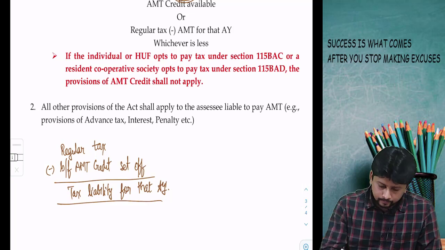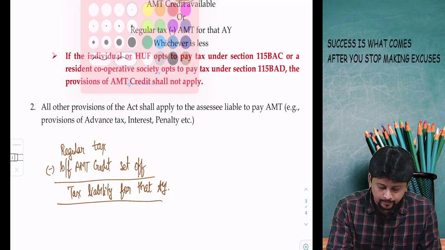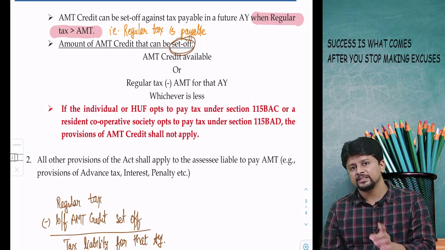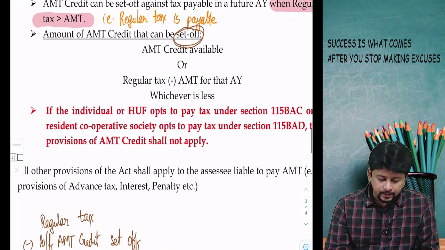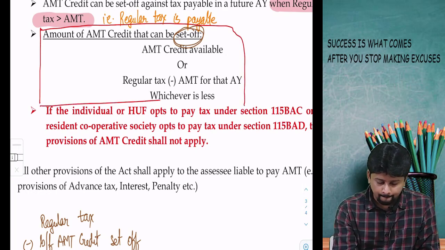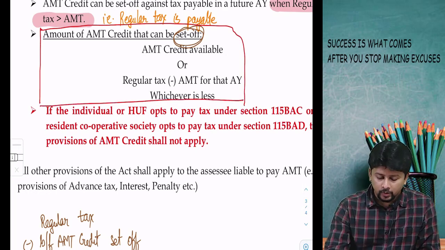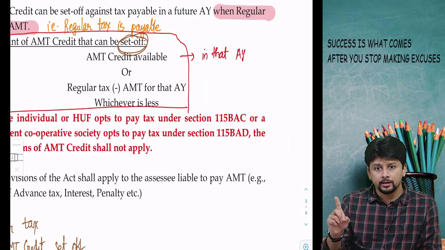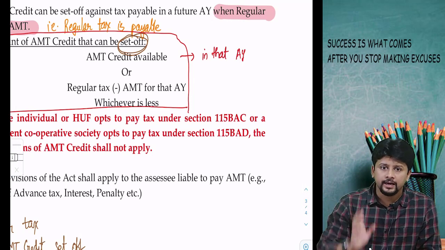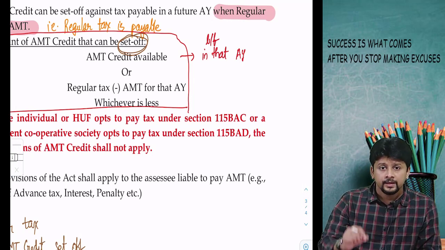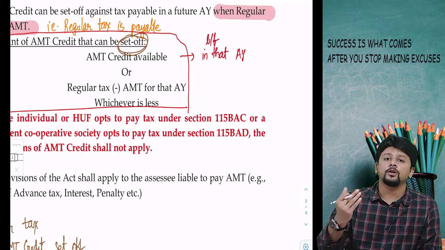Now remember that when the government is giving you that benefit, government will still ensure that it gets the minimum tax. So the amount of AMT credit that can be set off is as per this formula. Whatever is the AMT credit available in that assessment year, it could be a single year's AMT credit or multiple years' AMT credit, whatever amount has been brought forward in that assessment year, or regular tax minus AMT for that year.